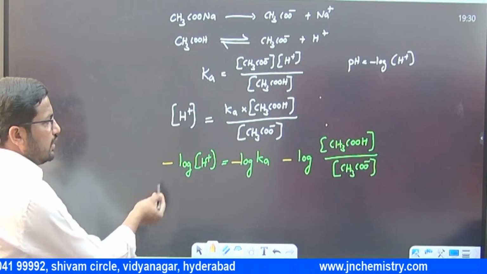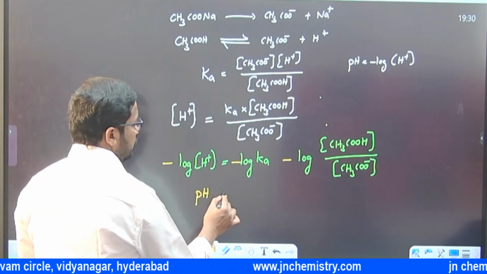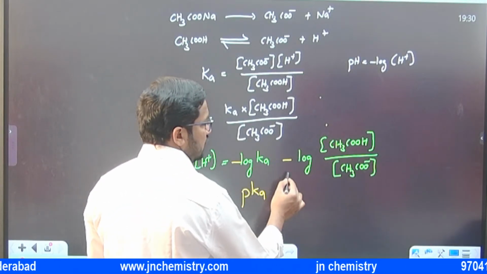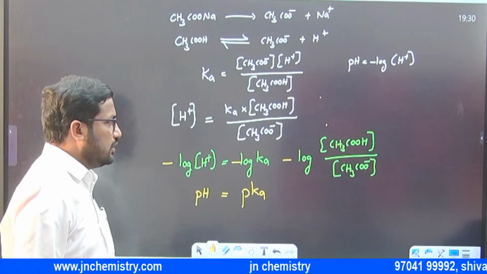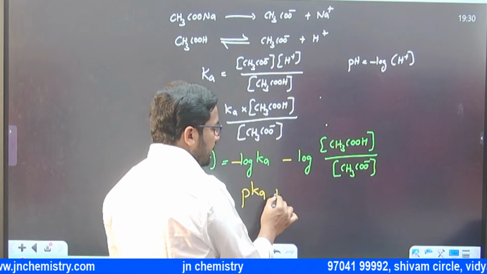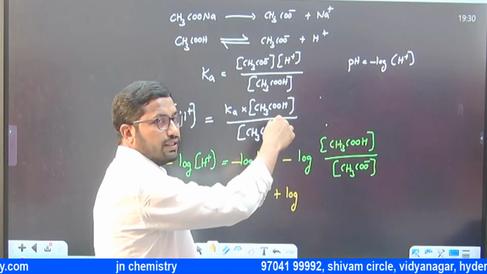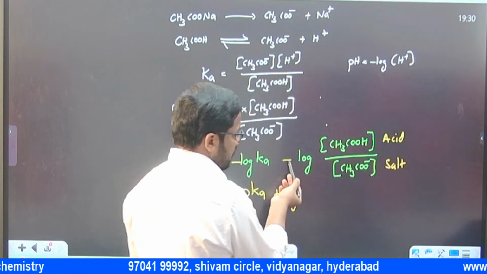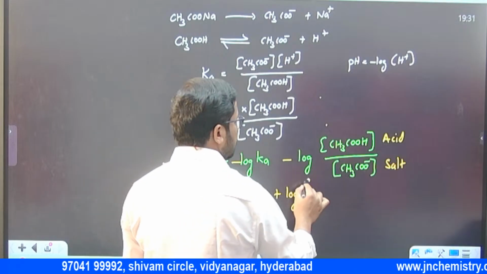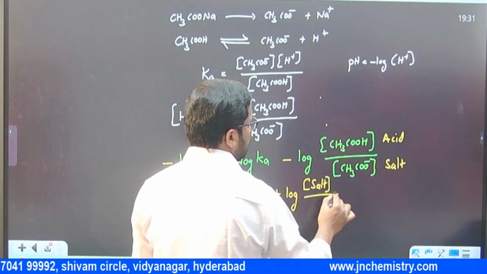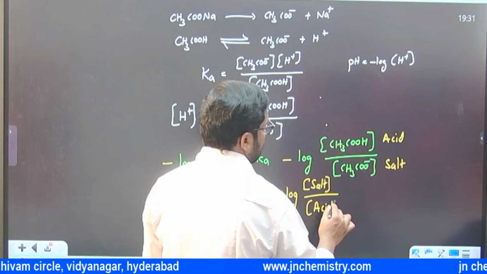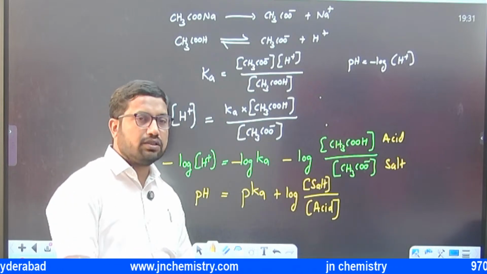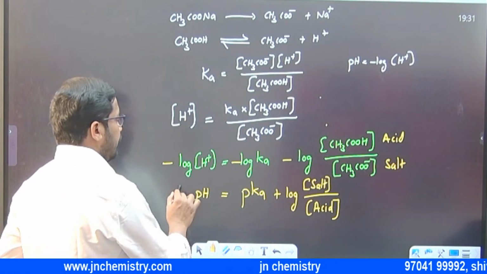Minus log H plus is nothing but pH, which equals minus log Ka, that is pKa. Here I am writing plus log, so it reverses. This is salt and this is acid, so salt concentration by acid concentration. Because I am writing plus instead of minus, it will be reversed. I want to write it as it is, meaning put minus and reverse it, acid concentration by salt concentration. We can also write that, but we need to know this formula.